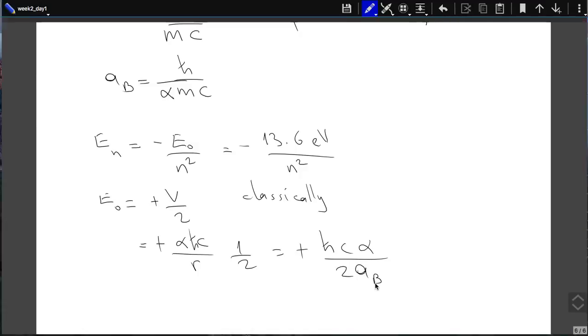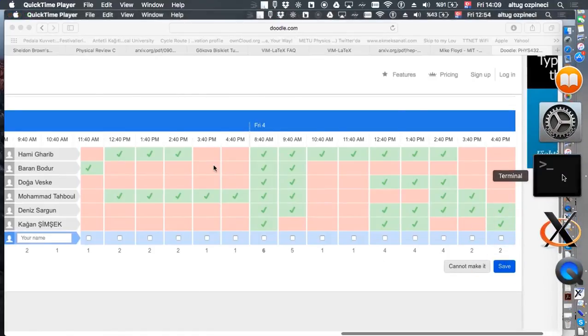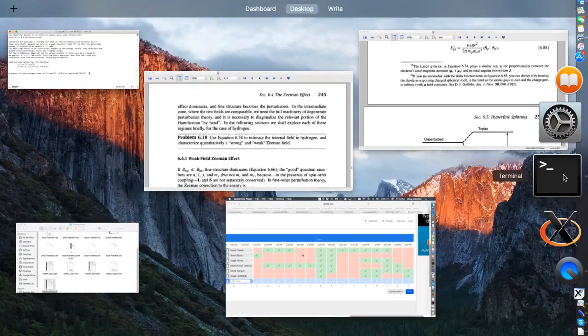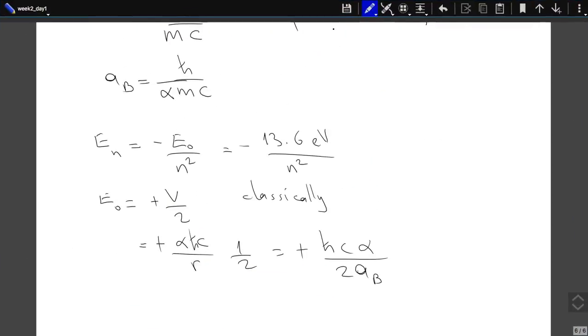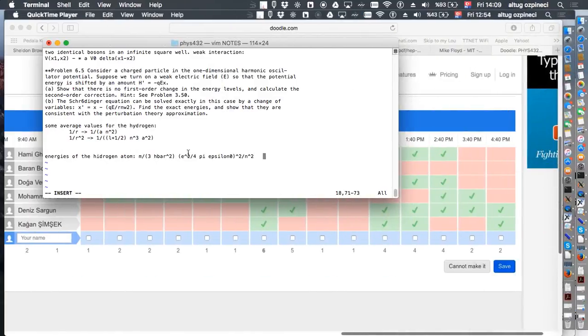Let's see, I never remember the exact expression, so let me just cheat a bit. So this is m over 3 h bar squared, e squared over 4 pi epsilon 0. E0 is equal to m over 3 h bar squared, e over 4 pi epsilon 0, right? e over 4 pi epsilon 0, everything squared.